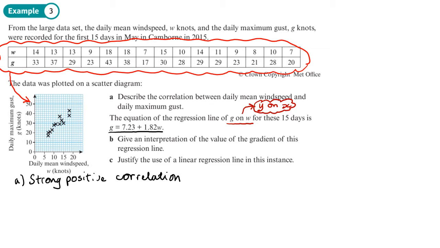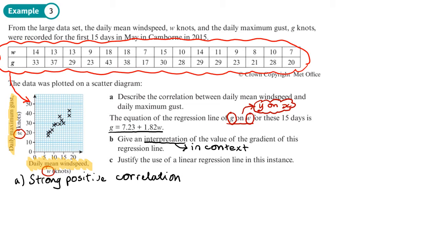G is like our y, because that's what's on the y-axis, and W is like our x, because that's what's on the x-axis. And it says give an interpretation. Interpretation means that your answer must be in context. So we've got to be using words like daily mean wind speed and daily maximum gust.